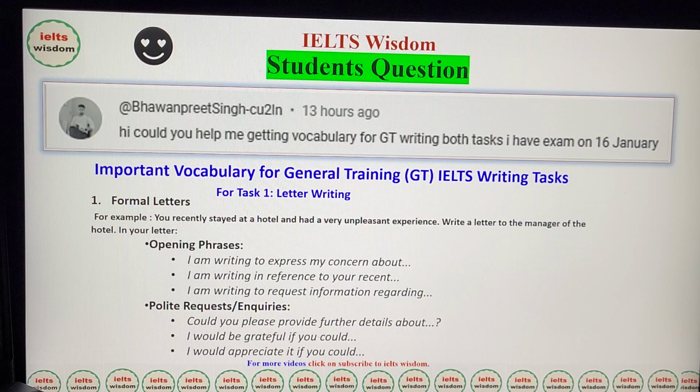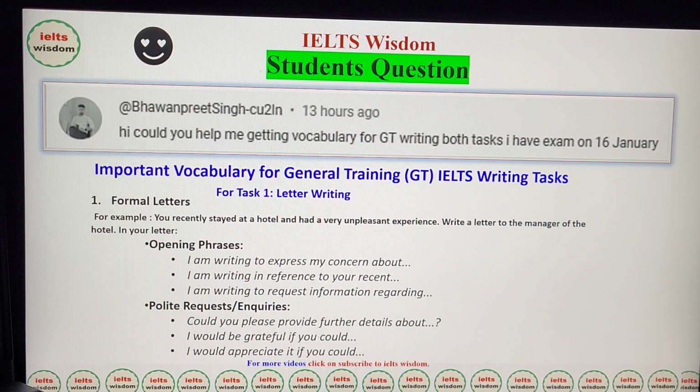Always when you start, you start with an opening phrase. If you learn or memorize these, then definitely you will get good marks. And I will also ask you a question at the end, which will help you understand the topic.